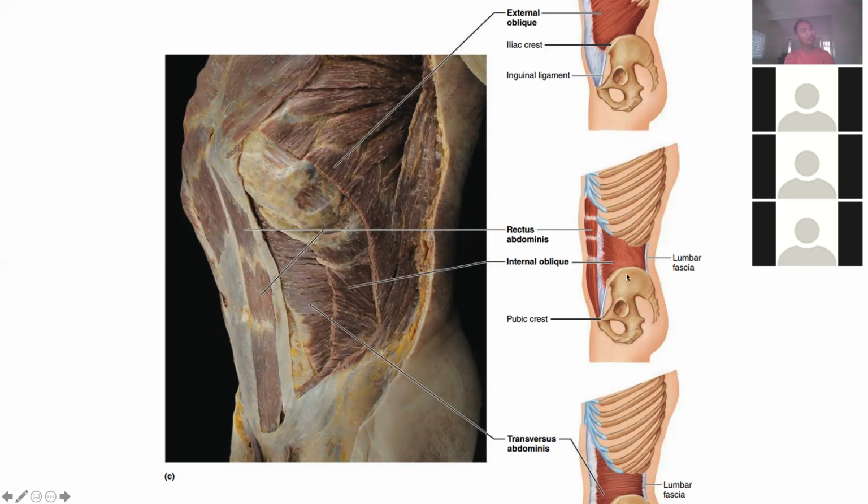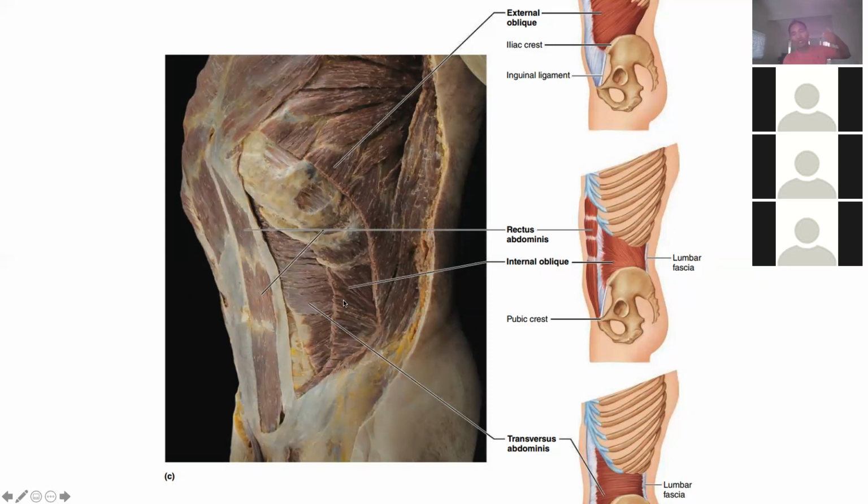Internal oblique is arising from the iliac crest, the inguinal ligament, and the posterior lumbar fascia, going to the rib, going to the center, making an envelope for the rectus sheath, meeting in the linea alba. And transversalis fascia is pretty similar to the internal oblique as well.